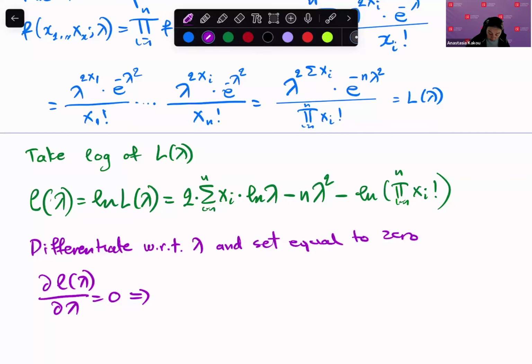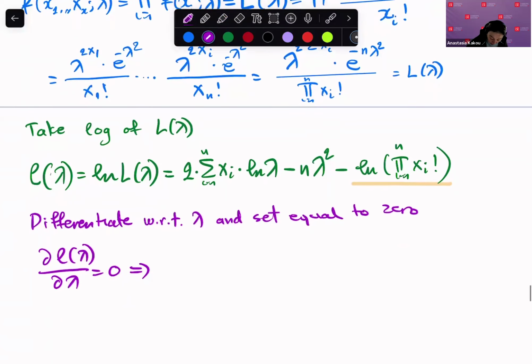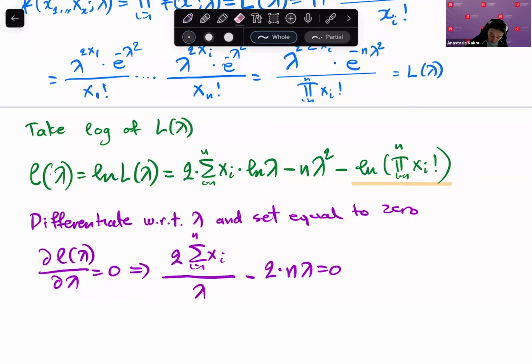The third term does not have any lambda, so it will be cancelled out. The derivative of the log of lambda is 1 over lambda. So you have 2 times the sum of xi's from 1 to n over lambda, minus 2 times n lambda, equals 0.